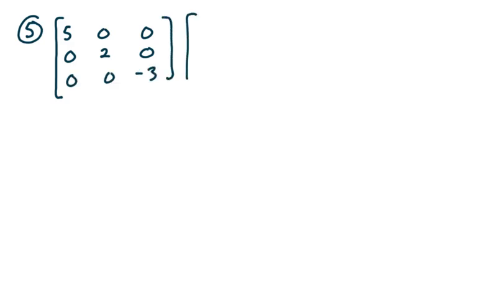Let's take a look at 5. Suppose I have the matrix 5, 0, 0, 0, 2, 0, 0, 0, negative 3 times the matrix negative 3, 2, 0, 4, negative 4, and then 1, negative 5, 3, 0, 3, and then negative 6, 2, 2, 2, 2.